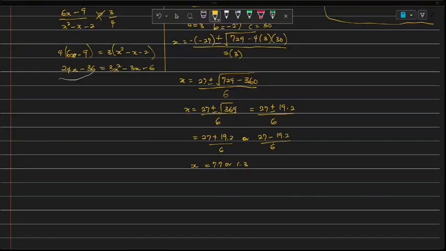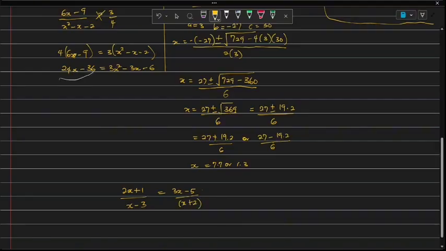Right, this is 2x plus 1 over x minus 3 is equals to 3x minus 5 over x plus 2.